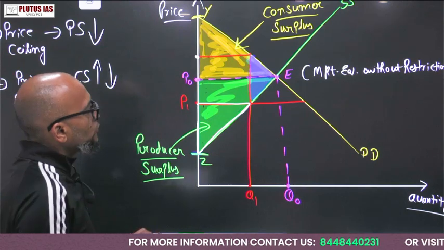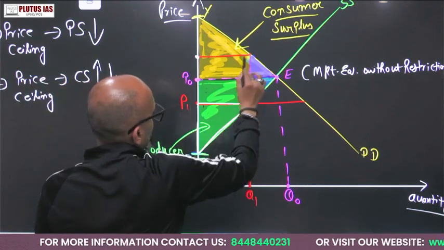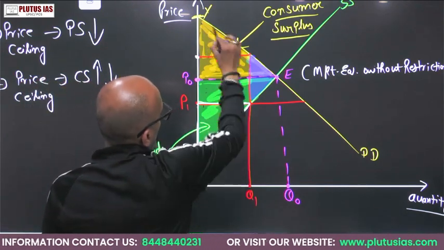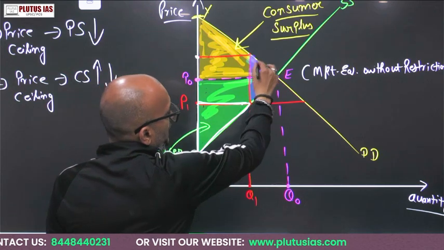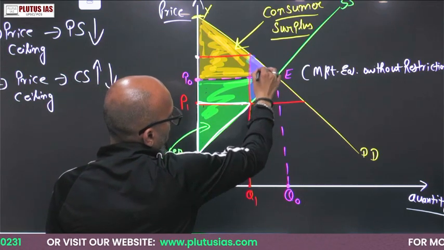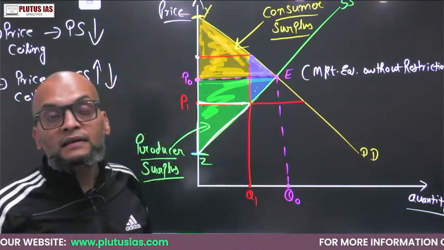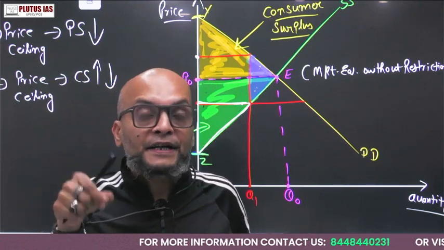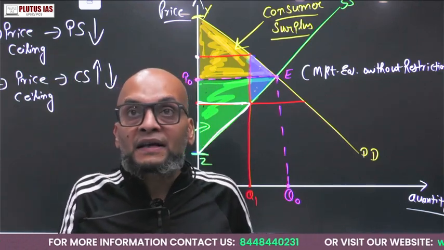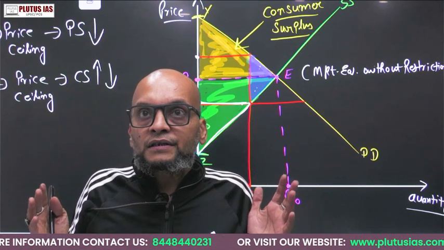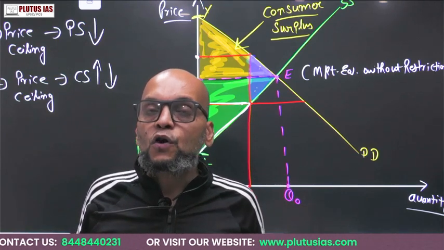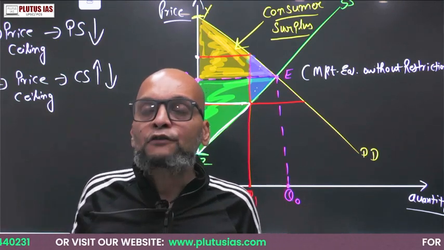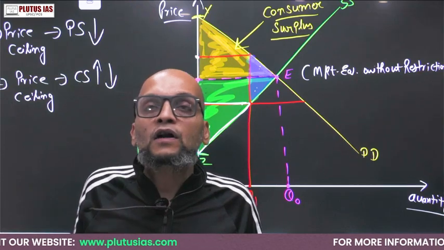If we talk about consumer, consumer is able to recover from here till here. But look at these two triangles, they are neither encashed or recovered by the producer nor by the consumer. They are lost. This much is a loss. No one is recovering it. No one is gaining from it. Neither the producer nor the consumer.